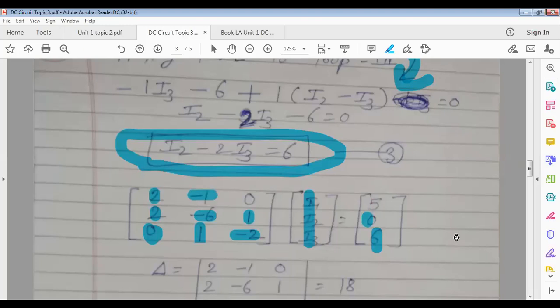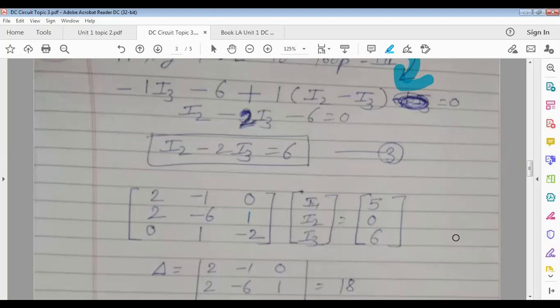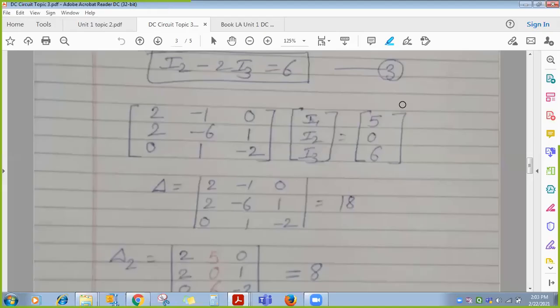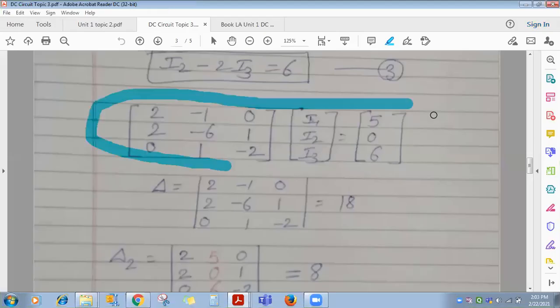So can you write the three equations in matrix form?